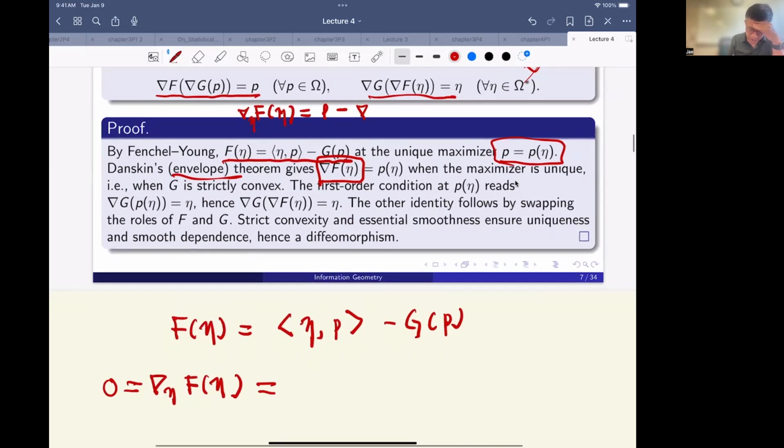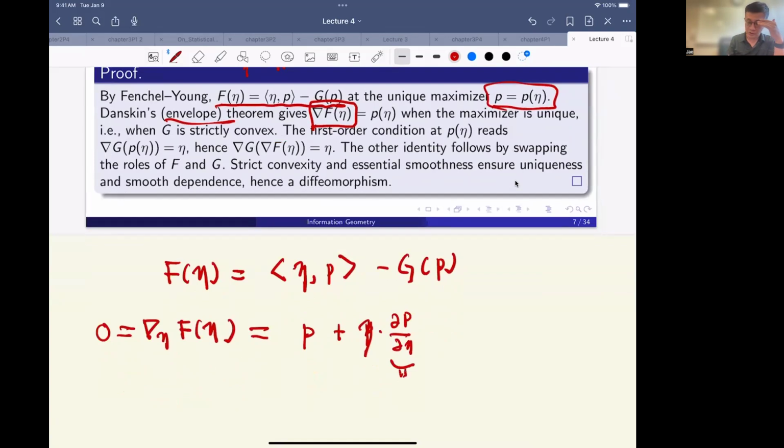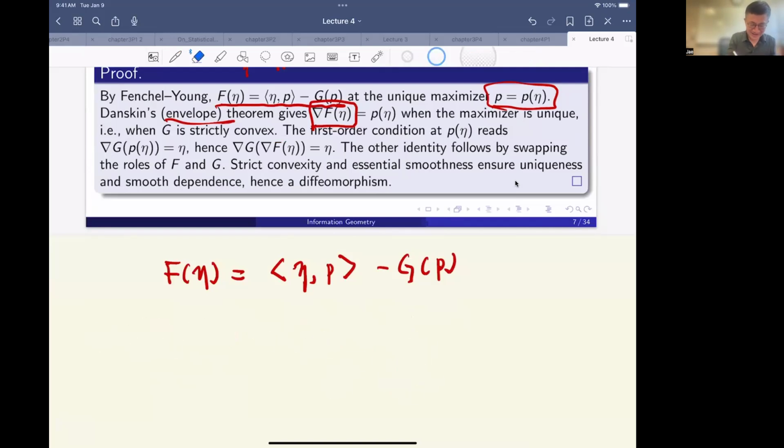But the point is that you don't have to worry about this term. The first derivation is, given eta, we want to find the conjugate of eta p as a function of p eta. This is the first step to define the Legendre dual. And once we find p eta as a function of eta, we again take a derivative with respect to p. Two steps.